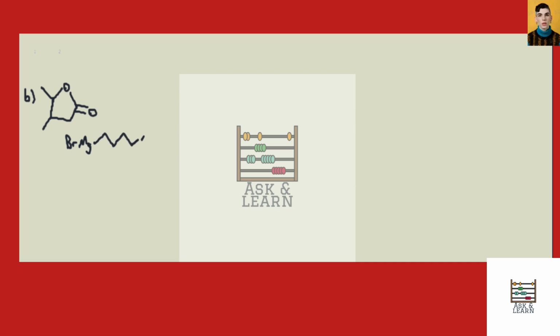So 1, 2, 3, 4. So we have this di-Grignard reagent. That's going to come and attack the carbonyl. So we should by now be familiar with the electron movements here.